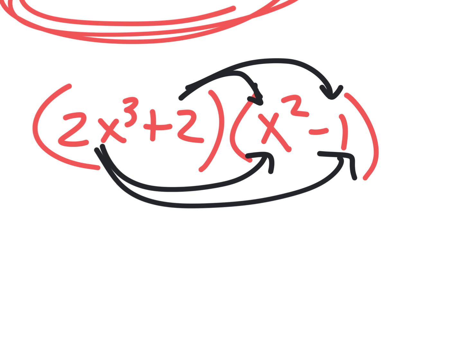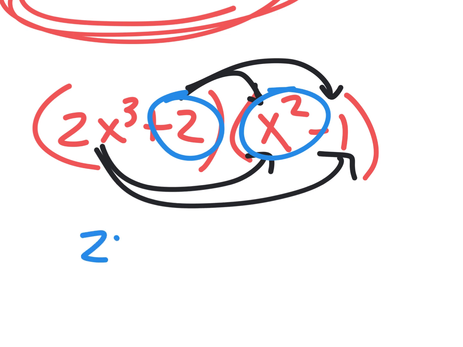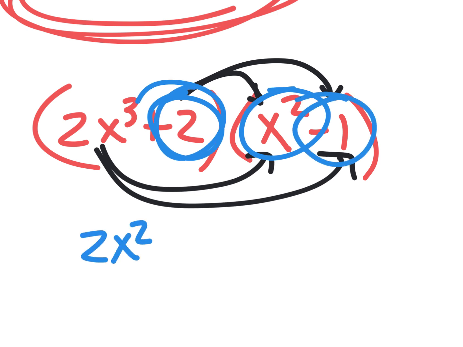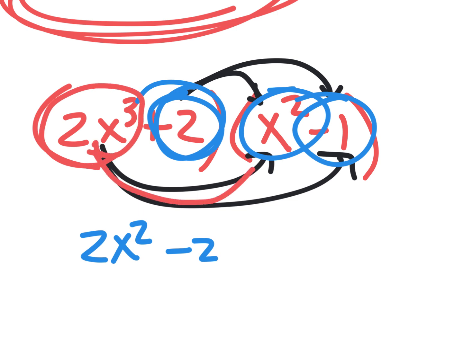All right. Did you have 2 times the x squared makes 2x squared? 2 times the negative 1 makes negative 2. This 2x to the third here times x squared is probably one of the trickier ones. And that's positive because they're both positive. 2 because there was no other number besides maybe a 1 here.